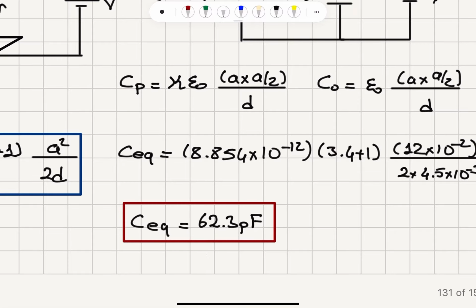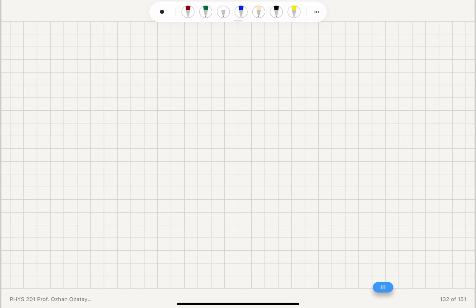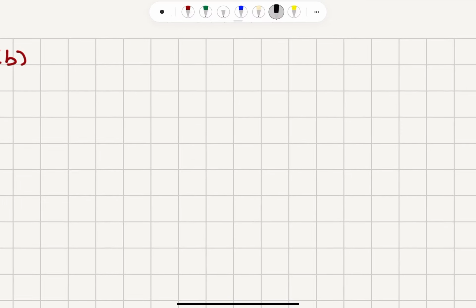Now, if we move on to part B, we're asked to find how much energy is stored in this capacitor. The energy stored, U, is equal to 1 over 2 times the equivalent capacitance times the potential squared.